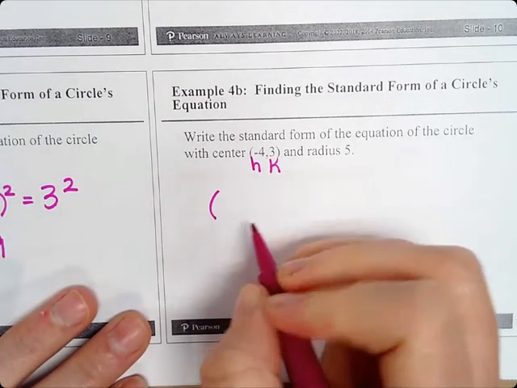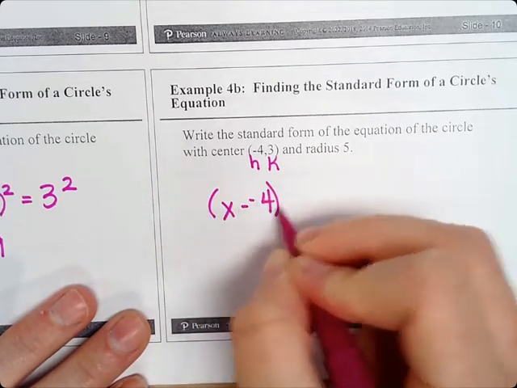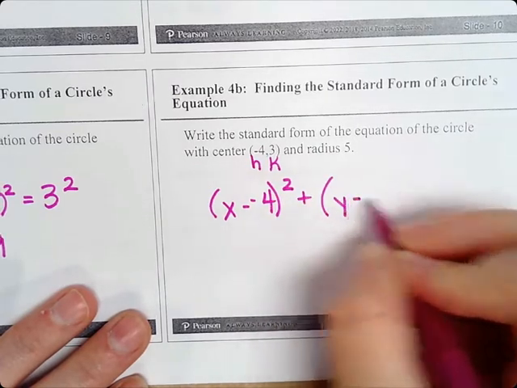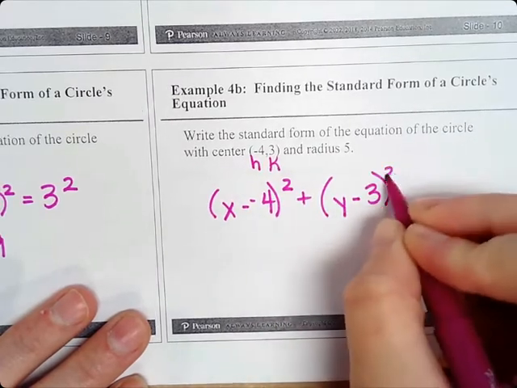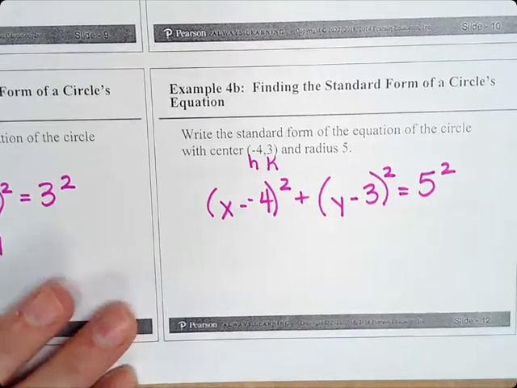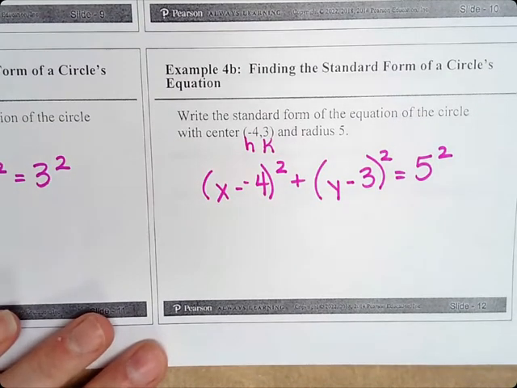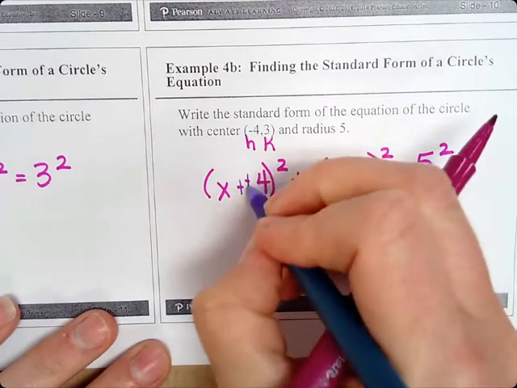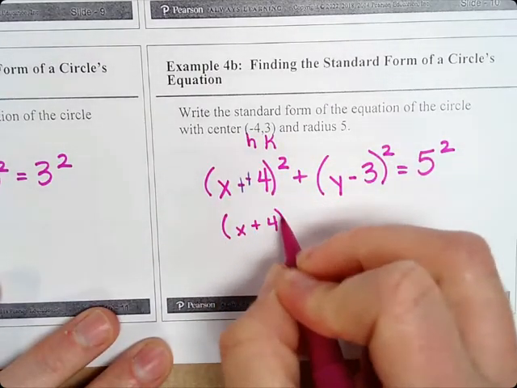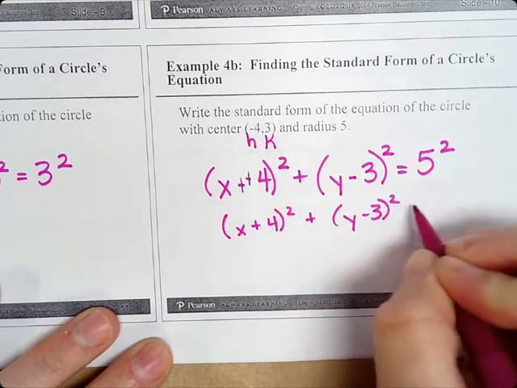So we'll do x minus h, so x minus -4 squared, plus y minus k, so y minus 3 squared, equals radius squared. Minus a negative will become plus. So it's (x plus 4) squared plus (y minus 3) squared equals 25.